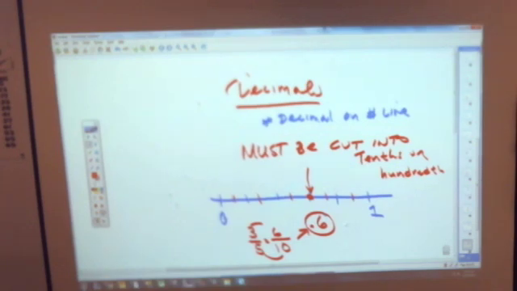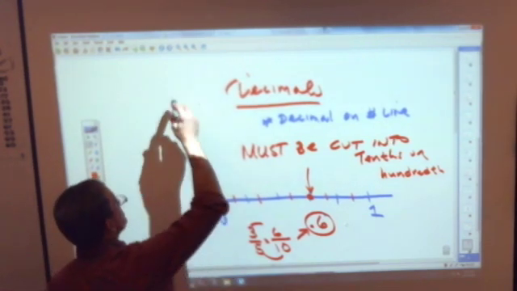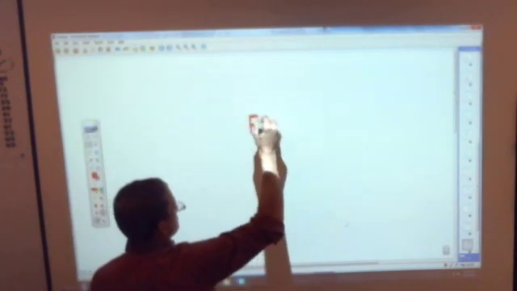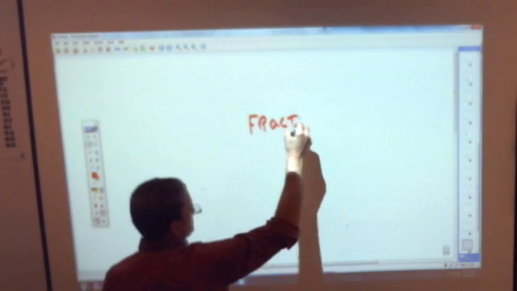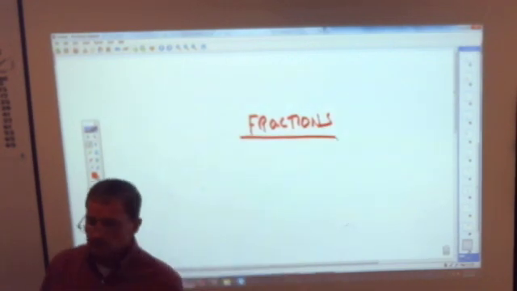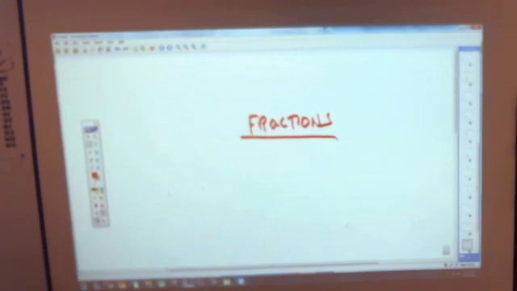Now, here is the thing that's going to rock your world. Take out your notes under fractions.